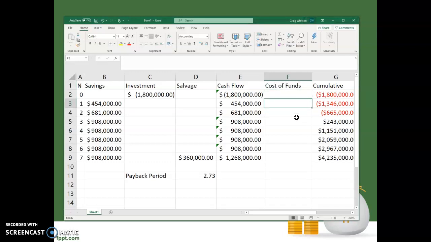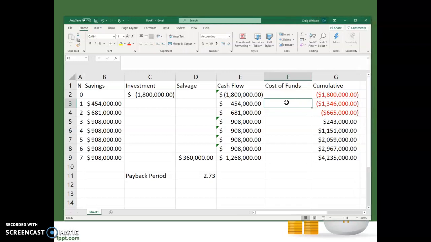So what this cost of funds is basically telling us is, if we could have taken our money and earned 15% on it, what would that be? What would that 15% be? And so what we want to look at is 15% of whatever our balance is for the project.